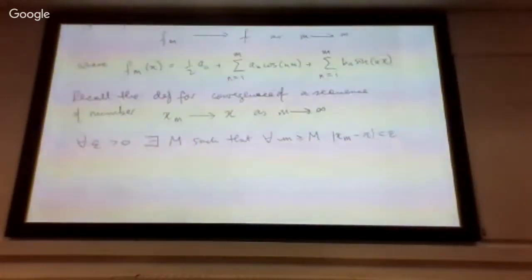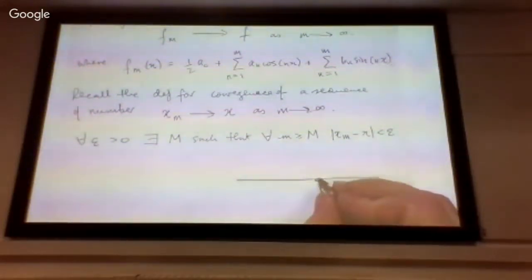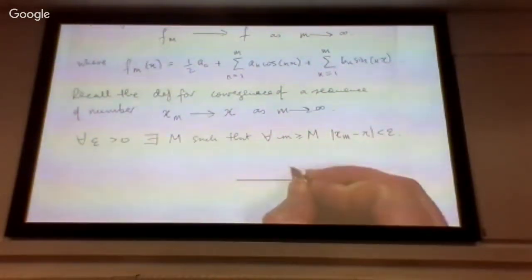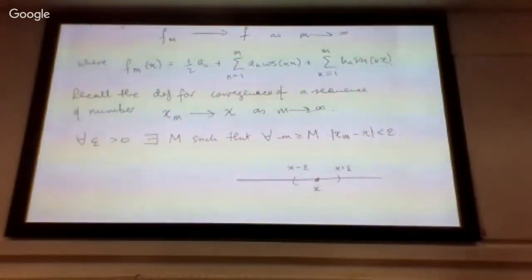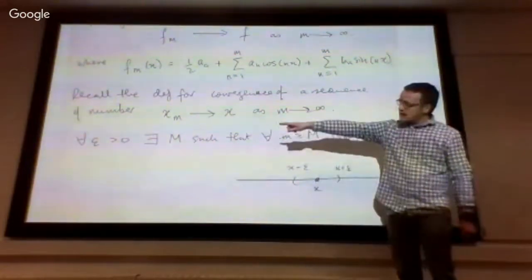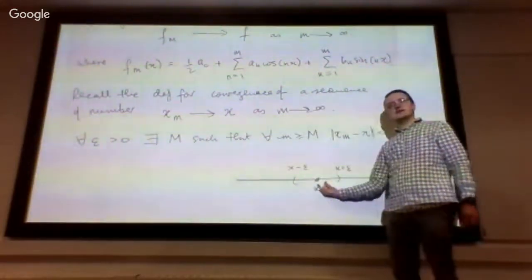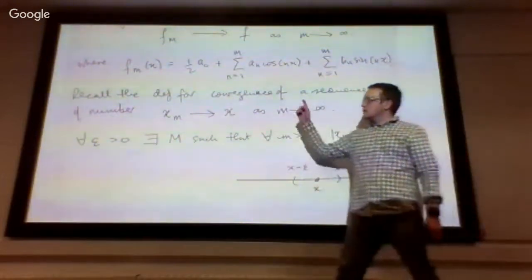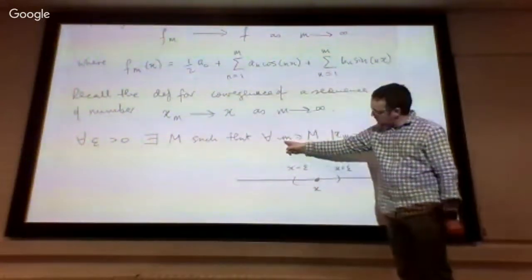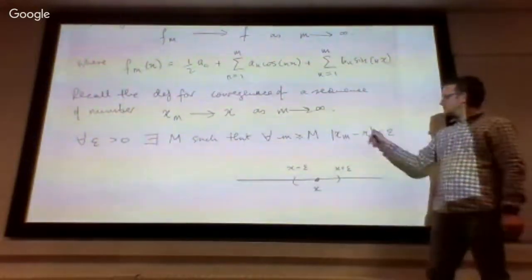You'll remember that definition. x was the limiting value. Epsilon is any radius of an interval around the limiting value. The convergence definition said no matter what size of epsilon bigger than 0 you take, so for all intervals centered on the proposed limit, there is some point, capital M, such that for every point after that, this absolute value is less than epsilon.